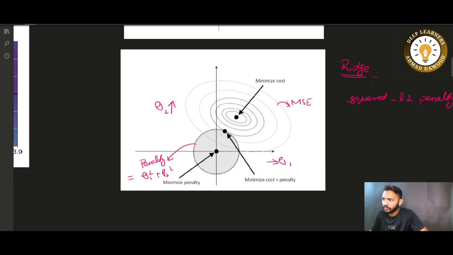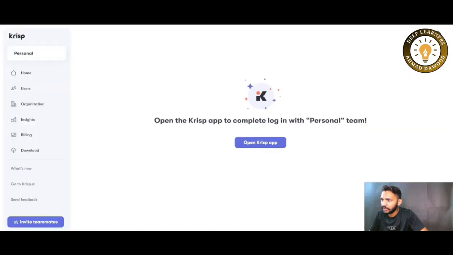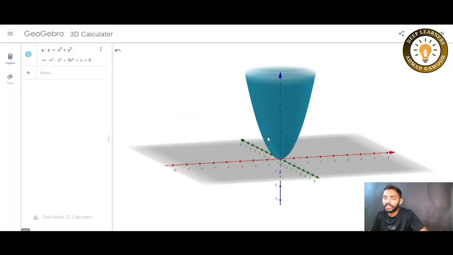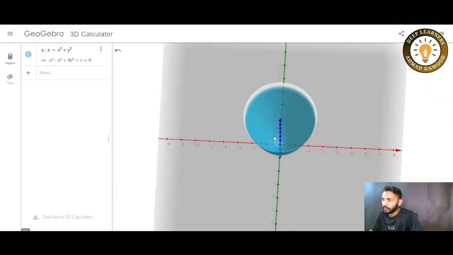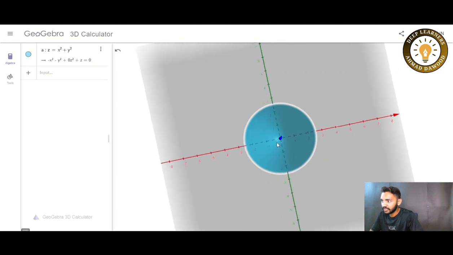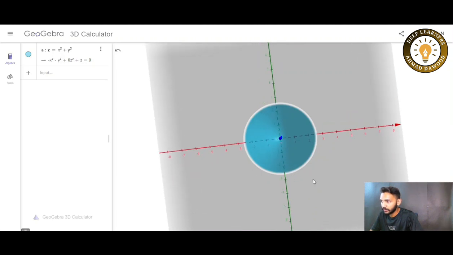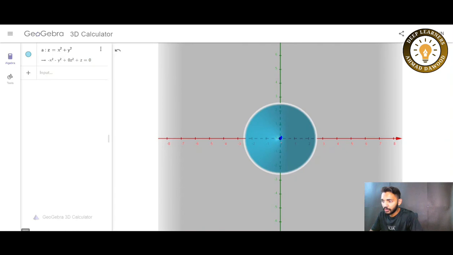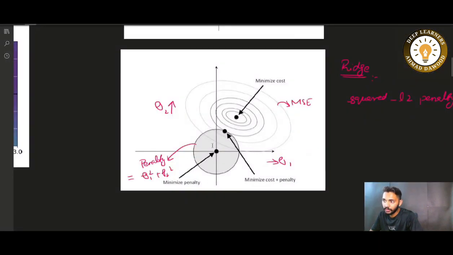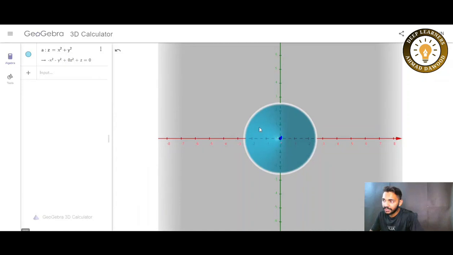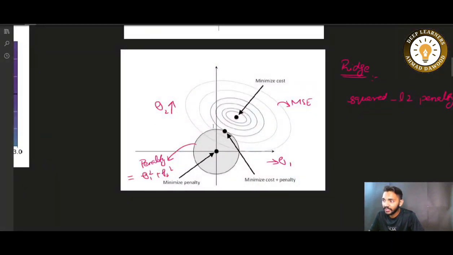As we saw in the lasso case, the graph of the penalty is in the form of a circle. The red axis is theta 1, the green axis is theta 2, and this is your penalty.